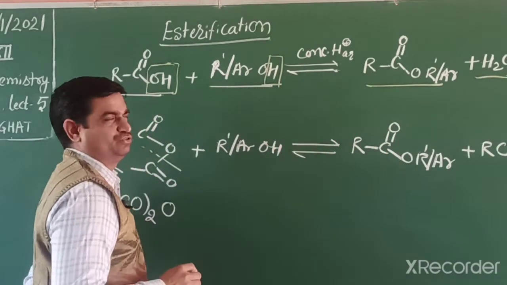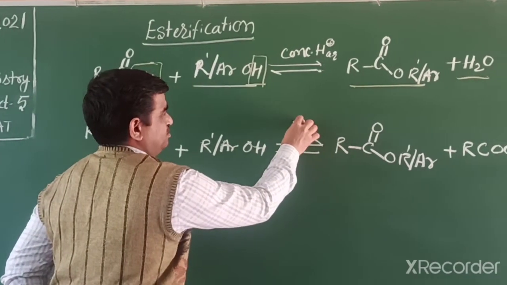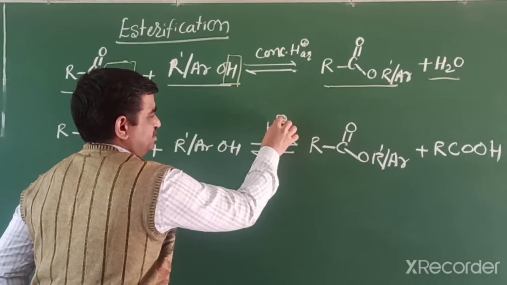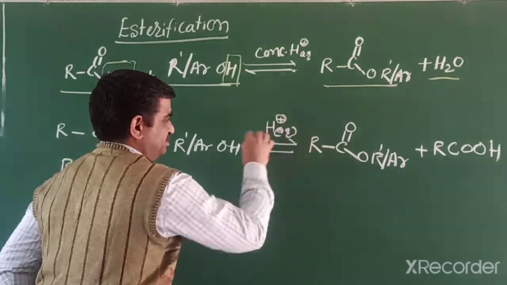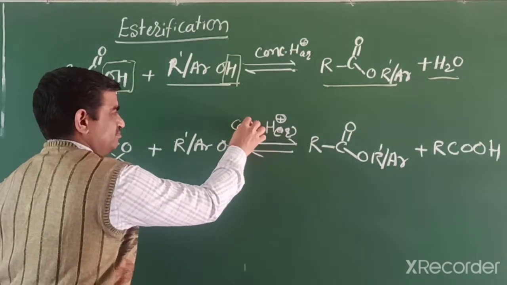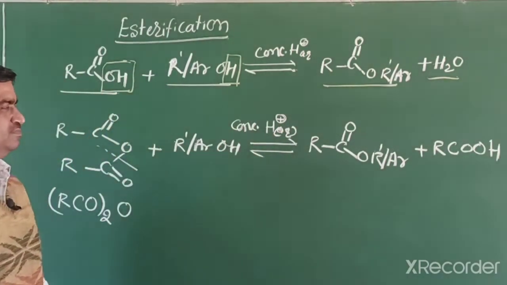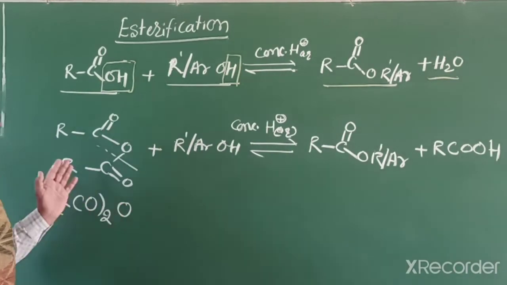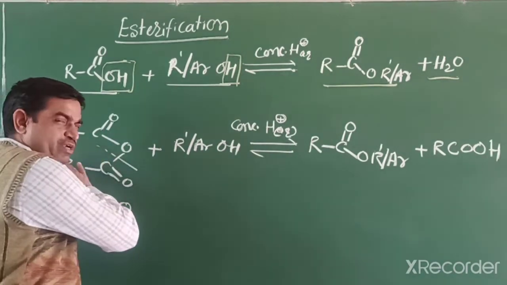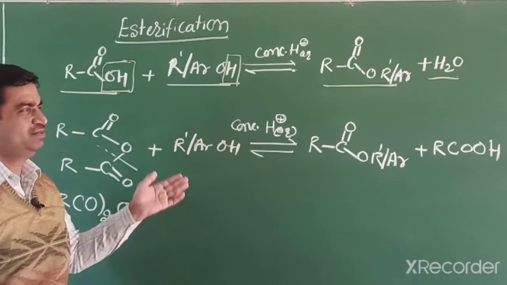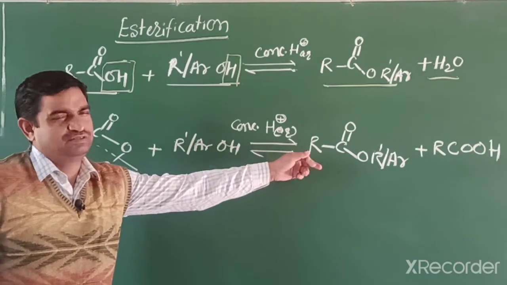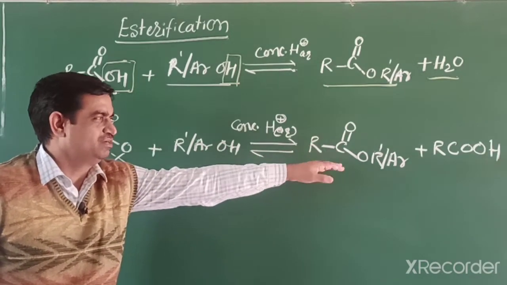This reaction is also reversible, in the presence of concentrated sulfuric acid. If we want to shift the reaction to the product side, then we have to remove either the carboxylic acid or the ester.